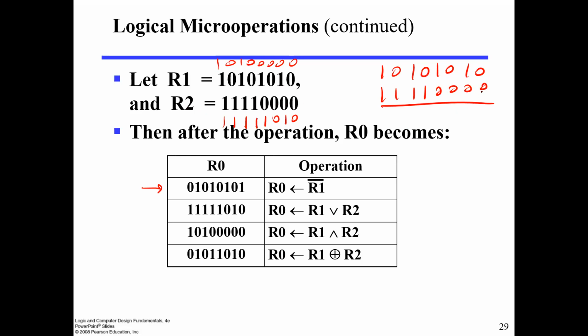So these 4 bits will stay the same. So that's 1, 0, 1, 0. And these 4 bits will complement whatever we have at R1. This should become 1, 0, 1, 0. And this is the result of XORing R1 and R2. We save it in R0. This will make R0 this value.